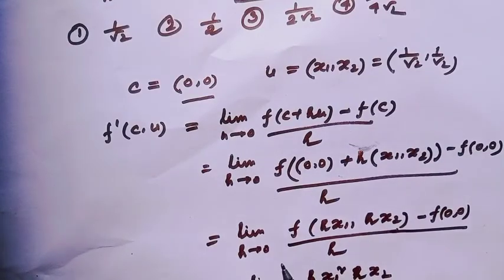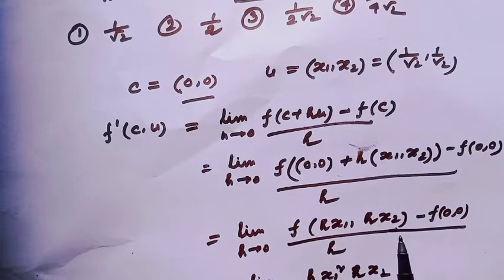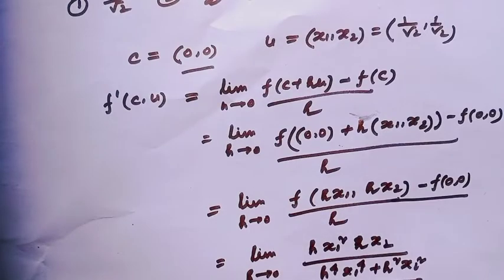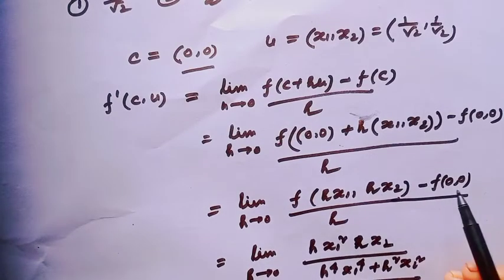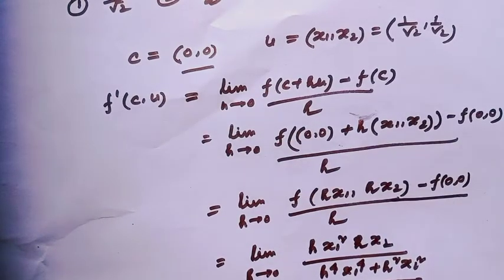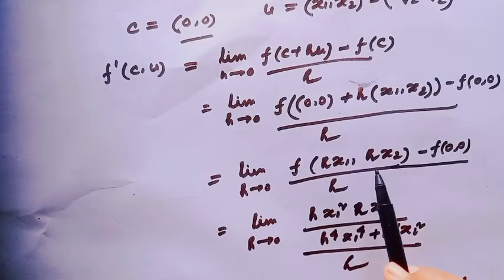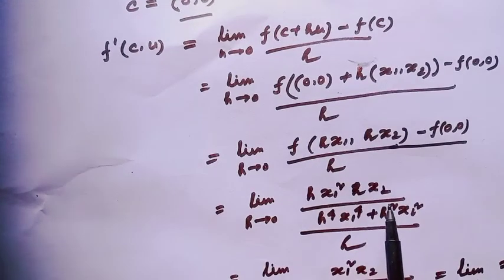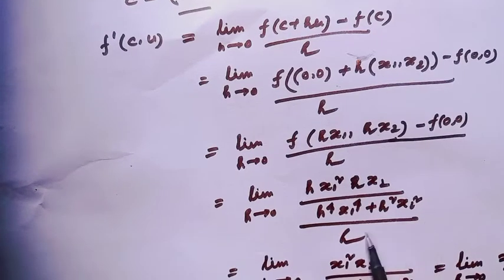From this line it implies limit h tends to 0 of f of (h x1, h x2) minus f of (0, 0) over h. Okay, since f of (0, 0) equals 0, the value of f of (h x1, h x2) over h equals limit h tends to 0 of h x1 squared times h x2 over h to the power 4 x1 to the power 4 plus h squared x2 squared, over h.